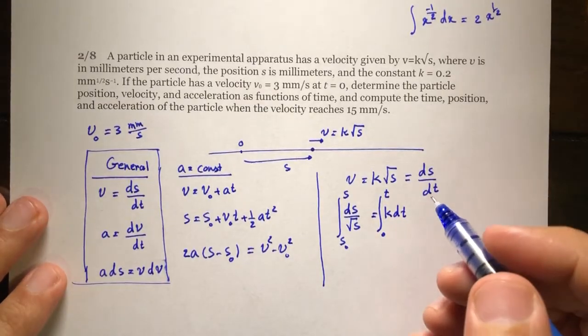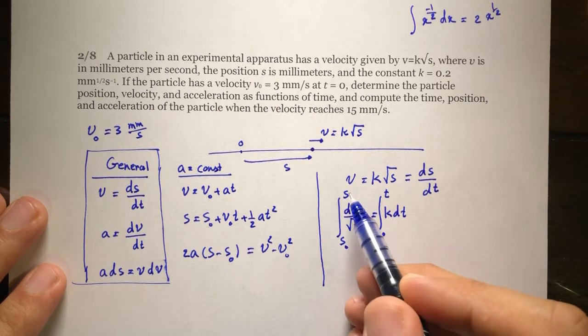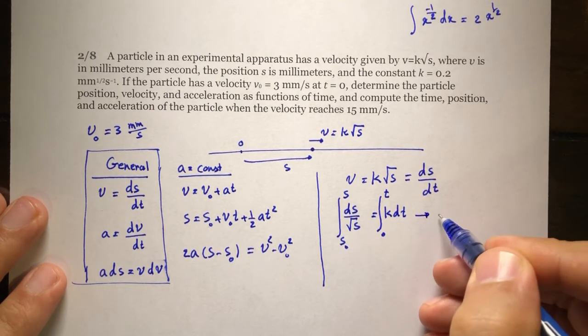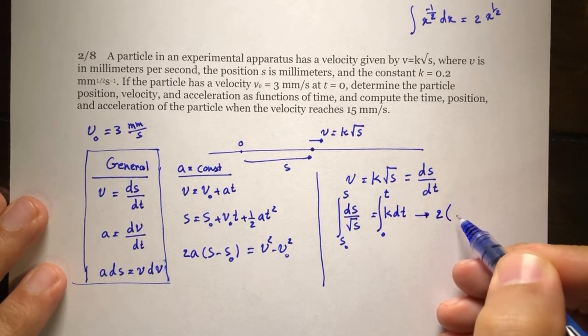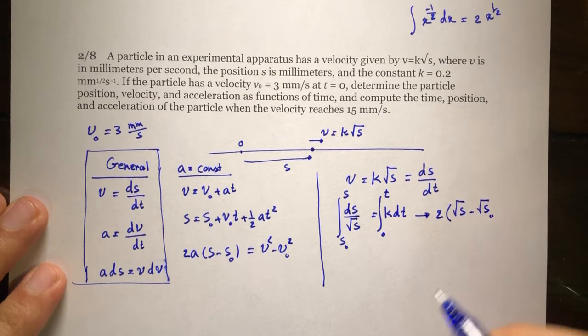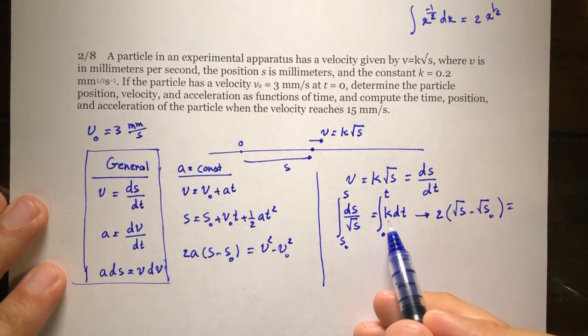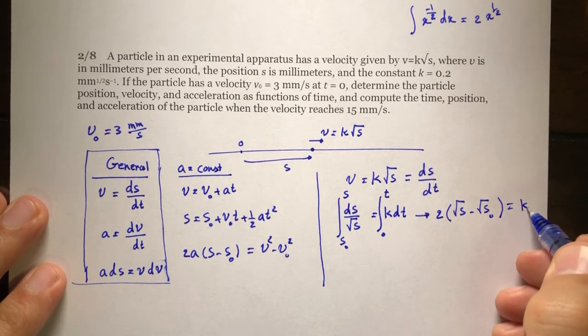So knowing that integral, then here we are gonna have 2 times root square of s from s naught to s. We are gonna have 2 times root square of s minus root square of s naught is equal to, the other side is gonna be just kt, okay?